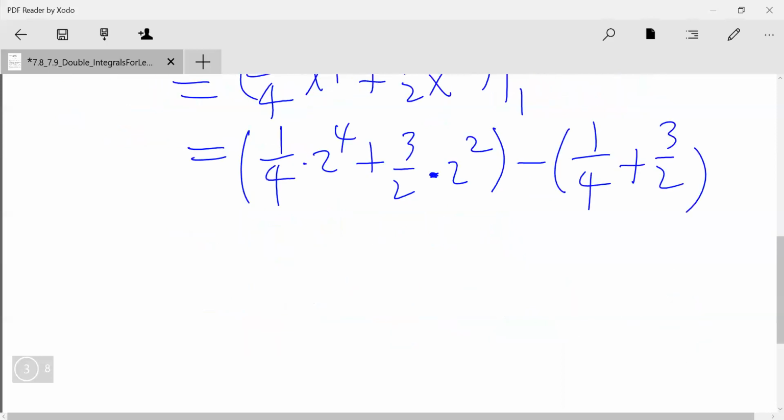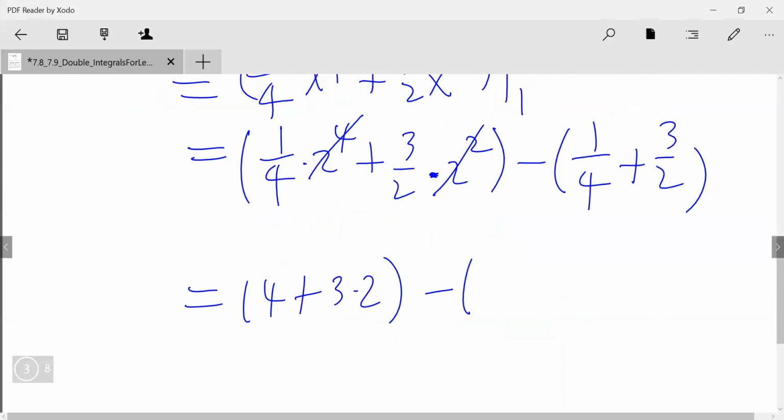Okay. So here we get 16, and with the 4, I get a 4. And here we get 3 times 2. Here we can combine the two terms.